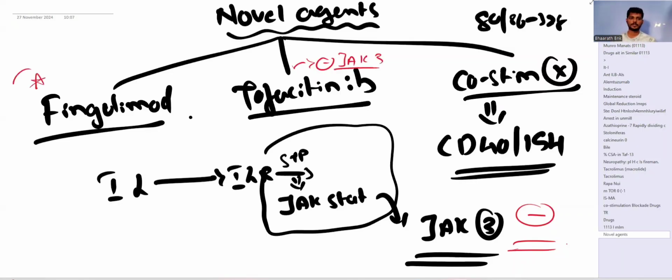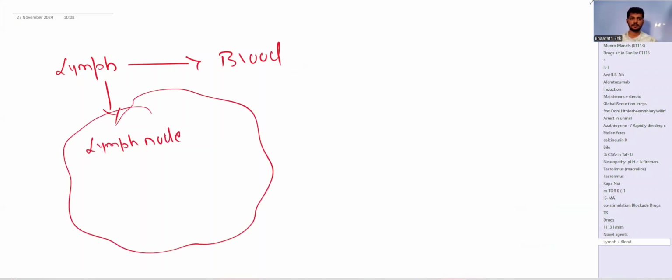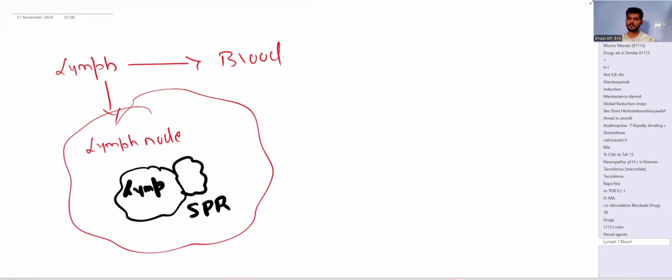Now, what fingolimod does is, normally whenever lymphocytes are produced, they circulate in the blood, and some of them are stored in the lymph node. A lymphocyte in the lymph node is sequestered there, and on its surface there is a cell surface protein called S1PR, out of many proteins present on this lymphocyte.